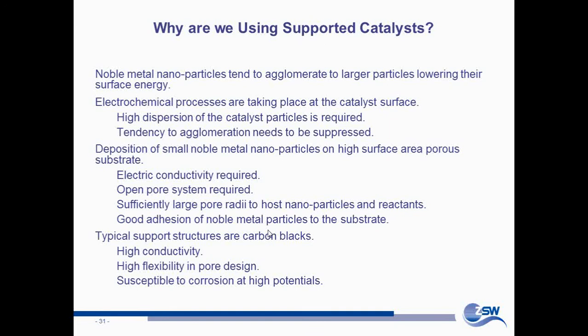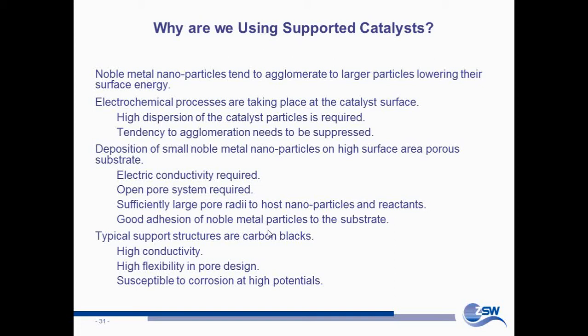So that was one explanation why we are using supported catalysts. The noble metal nanoparticles tend to agglomerate to larger particles, and these support structures are carbon blacks. They're highly conductive, they have a high flexibility in pore design, but they are susceptible to corrosion at high potentials. Always remember, carbon is thermodynamically not stable at the potential of the fuel cell cathode.